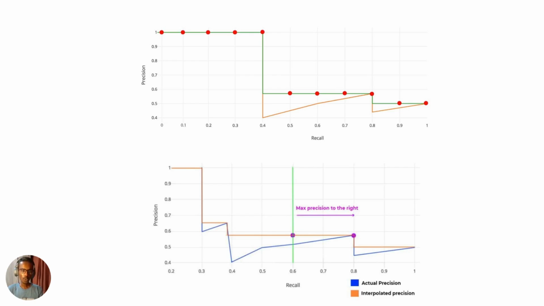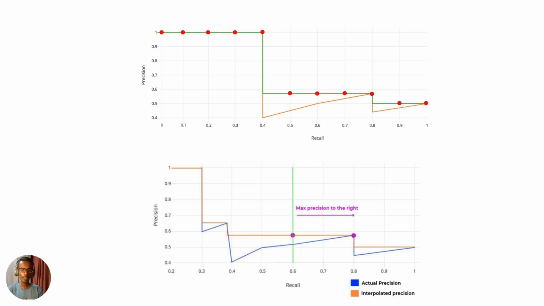Then it goes down at 0.4, and then it increases linearly, and then it stops at around 0.8. So the interpolated precision is, whenever the precision value falls, we just consider the maximum precision value to the right of the current recall value.